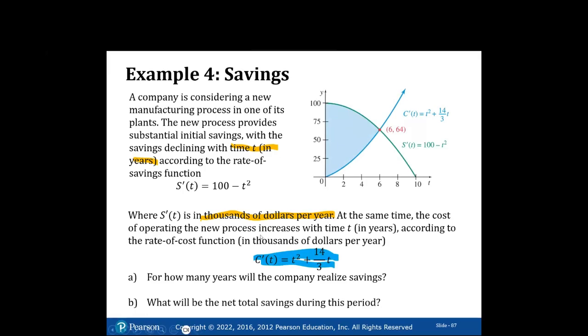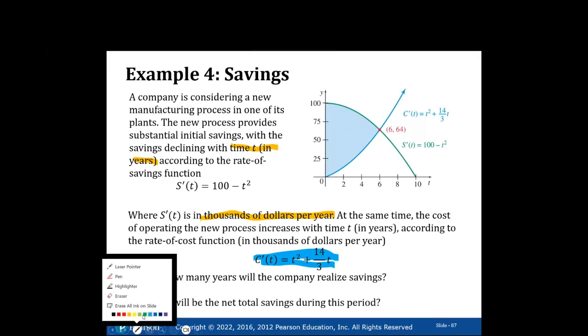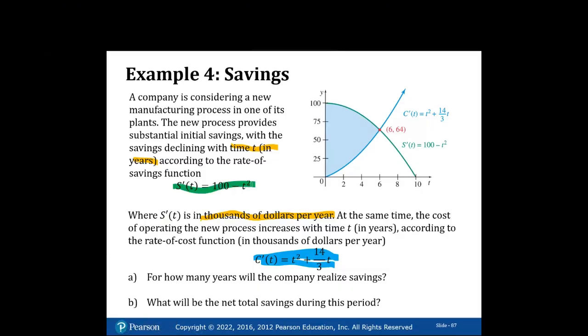And then we graph our savings function, S prime of t, which is the rate of savings, or marginal savings and marginal cost, because that's what we get when we do the derivative. So we can see that this blue area here is going to be our total savings, as we did before in the previous homework, 7b, where we did the total.